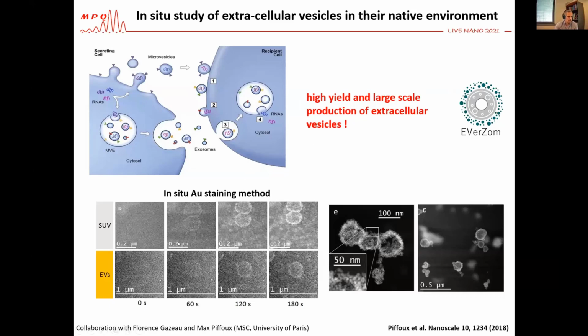But now, what you see is what we did to image those biomaterials and soft materials in the liquid cells. Because they have such a very poor contrast, we have developed an in situ staining method, which consists simply in adding a little bit of chloroauric acid in the cell buffer. And you see that you observe the growth of very small nanoparticles at the surface of the vesicles, which slowly increase their contrast.